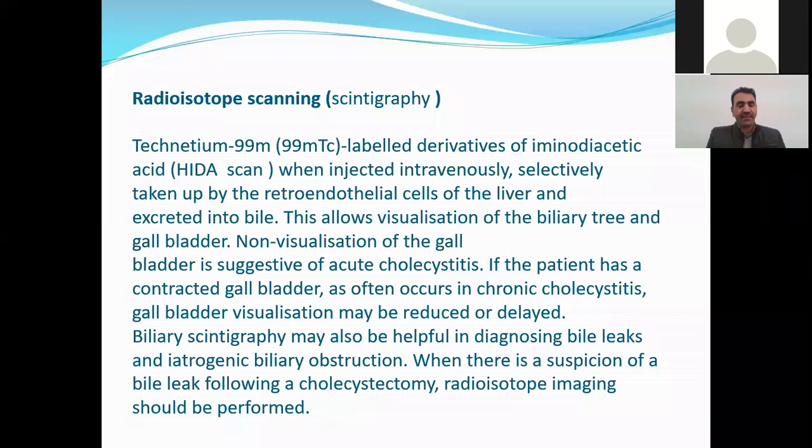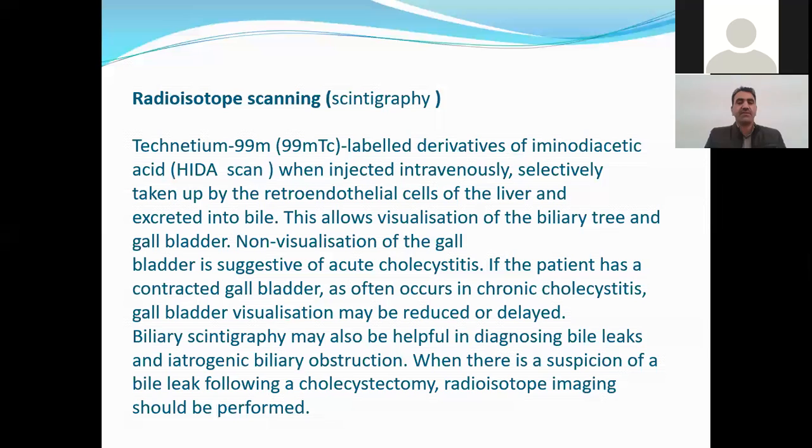Radioisotope scan, scintigraphy, technetium-99m labeled derivative of iminodiacetic acid, called HIDA scan. When injected intravenously, it is selectively taken up by the reticuloendothelial cells of the liver and excreted into bile.